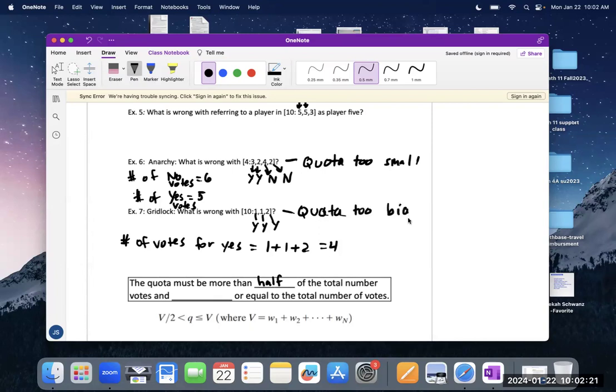So we have to put limits on the quota, a minimum and a maximum. So we say it has to be more than half the total votes, and it also has to be less than or equal to the total amount of votes.